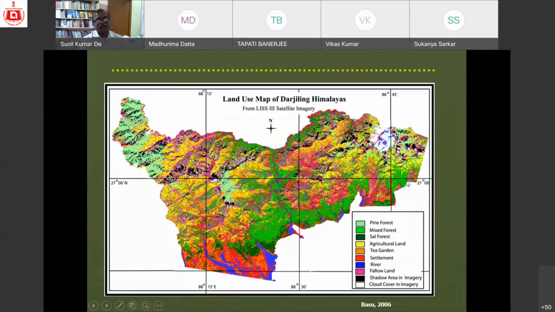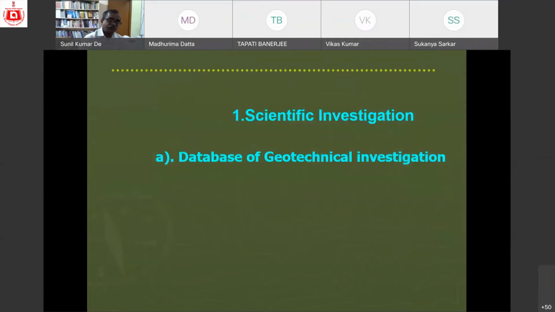But nowadays, if you see, as a whole, Darjeeling Himalaya has lost much of its vegetation cover, with only about 36% remaining. The red is the human settlements; this is not new to you, you are also involved in preparing this type of maps. So these areas have been deforested heavily, and due to this, different types of problems are taking place. Vegetation cover is, of course, one of the most important inherent causes of landslides.